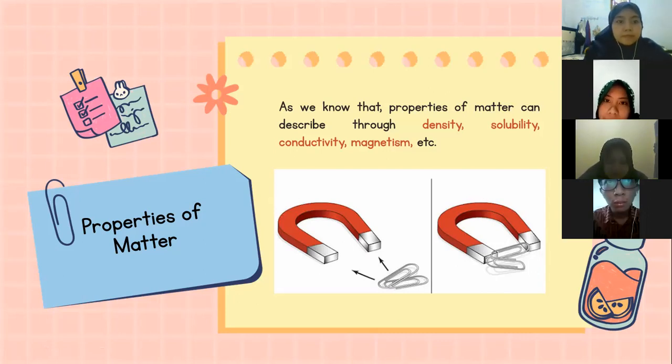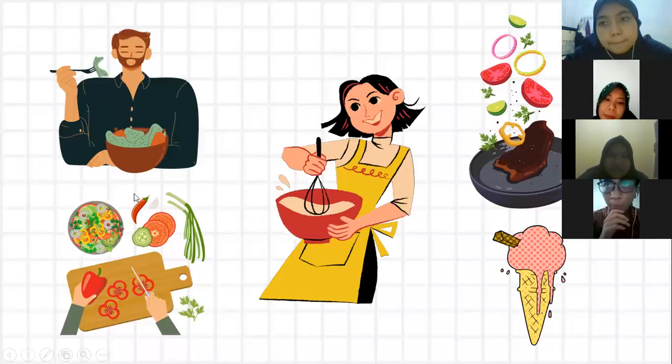Well, the properties of matter are related to 2 kinds of changes in matter, namely physical and chemical changes, as we know that we would like to learn for today. So now let's focus on these pictures. Every day you come across many changes in our everyday life and all around our surroundings. And these changes may involve one or more substances. For example, when you eat a bowl of salad, the digestion process inside of your body is a change.